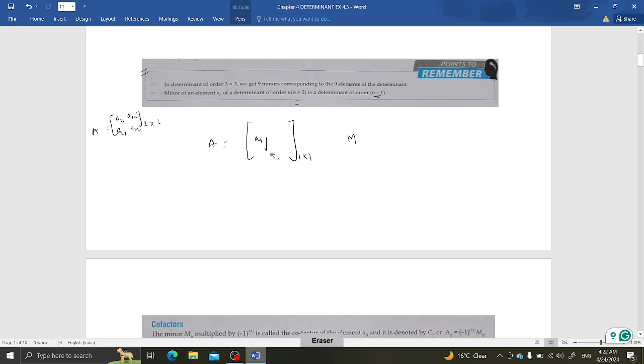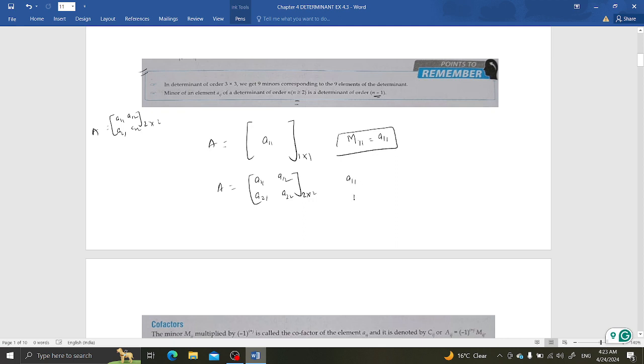Suppose you have the single element a11. Then m11 is a11, only this one we have. Understand? But suppose we have a 2 cross 2 matrix: a11, a12, a21, a22, and we are finding the minor corresponding to a11.